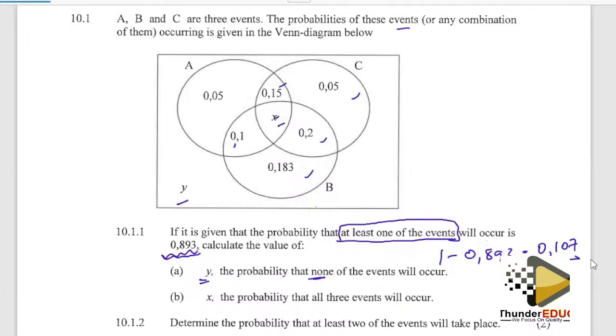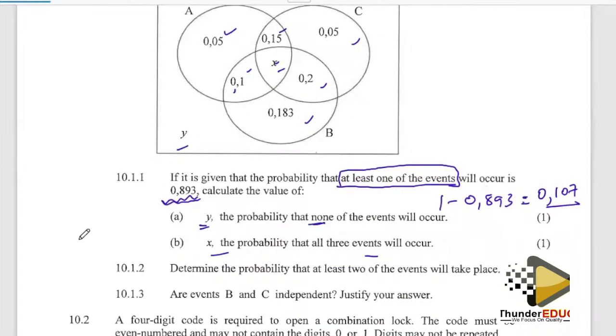Okay, then part B, they want us to get X, probability that all the 3 events will take place. Now, since we have this 0.893 to be equivalent to everything that is inside there, I need to add up all these values and subtract them from 0.893. Okay, we have 0.05 plus 0.15 plus 0.1 plus 0.05 plus 0.2 plus 0.183.